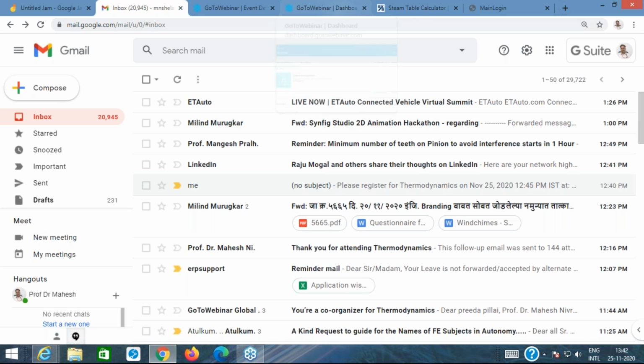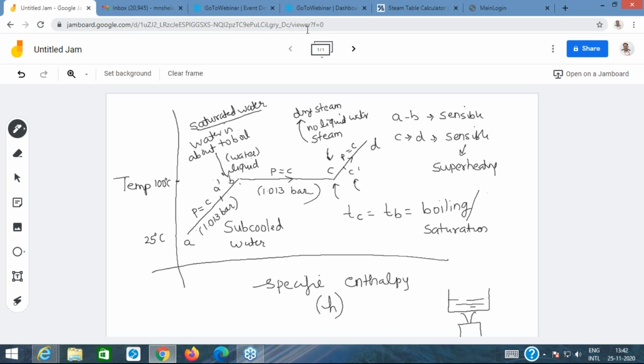Subsaturated water means the water which is subcooled, or the water whose temperature is less than the saturation temperature. Are you getting this point? Hopefully you understood what is subcooled water. Okay.